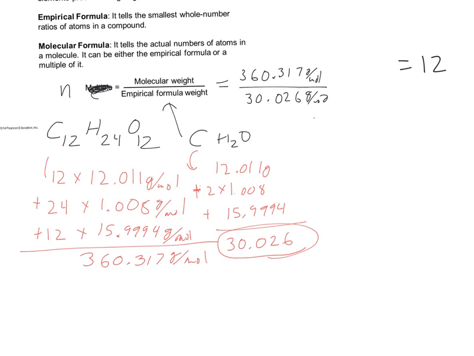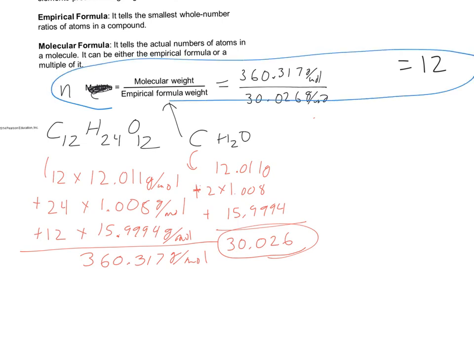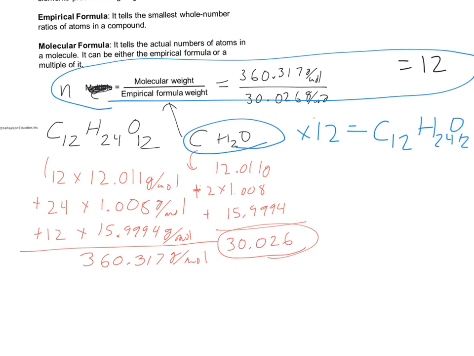Because what is this n that we've been solving for? You're saying, good question, I was kind of wondering that. This ratio of molecular weight to empirical formula weight, or 12, provides me what I need to multiply my empirical formula by in order to get a given molecular formula. And we'll have a lot of fun with that handy concept here in a second.